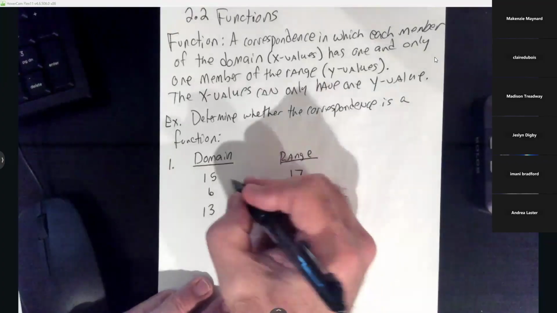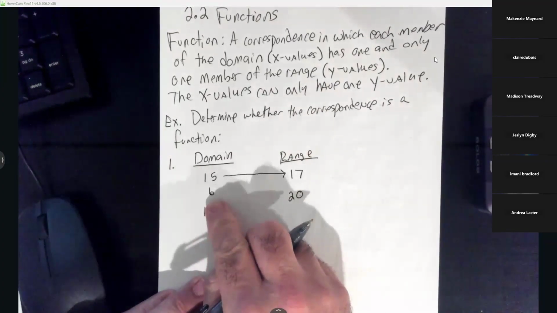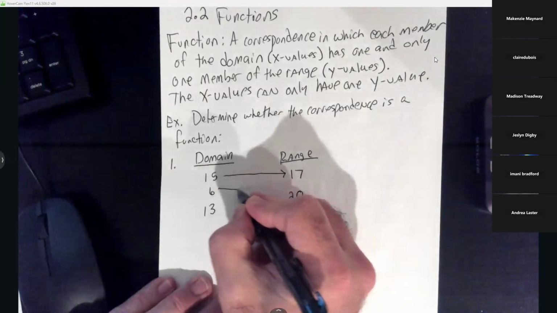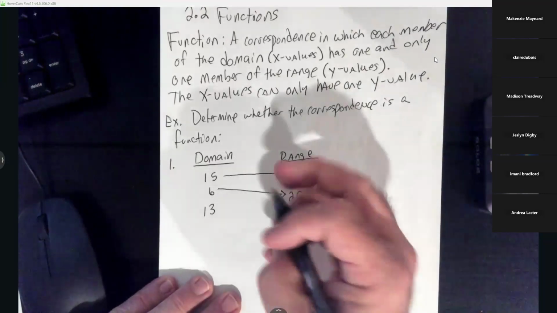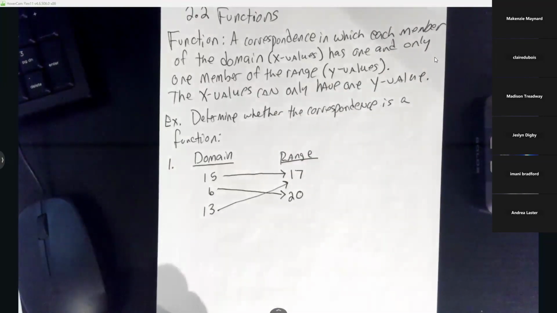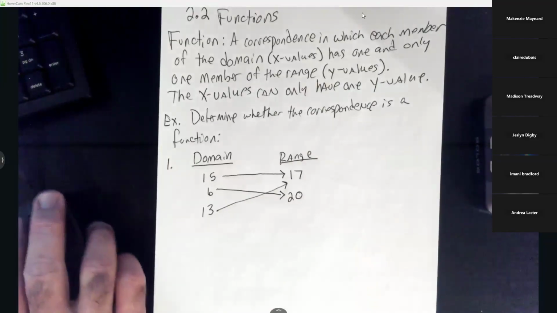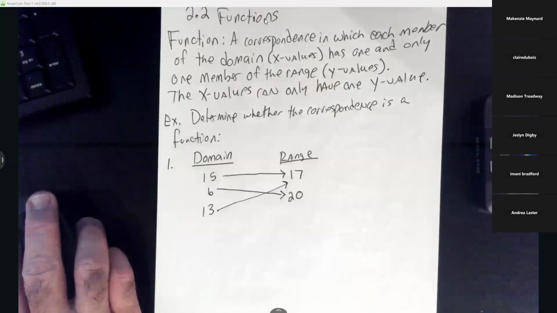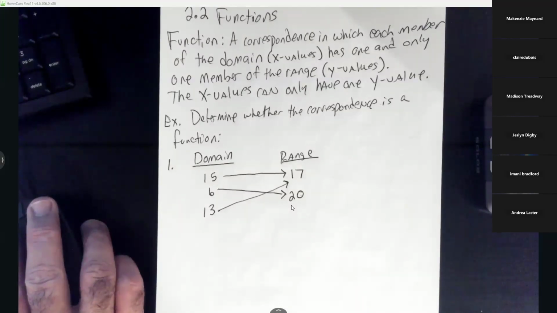So the 15 points to the 17. The 6 points to the 20. And then my 13 points to the 17. So the question of the day is this correspondence a function?